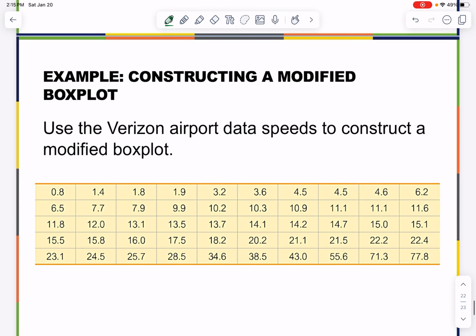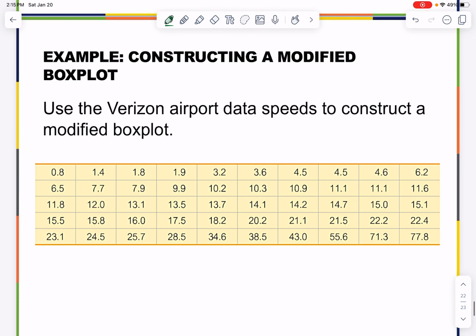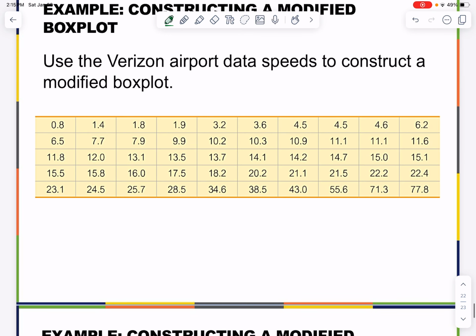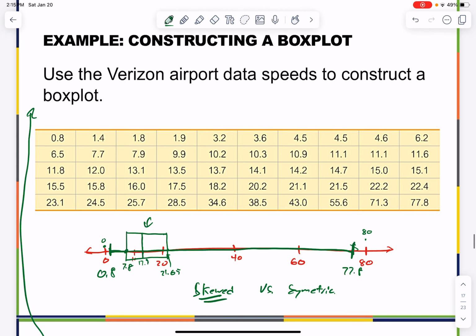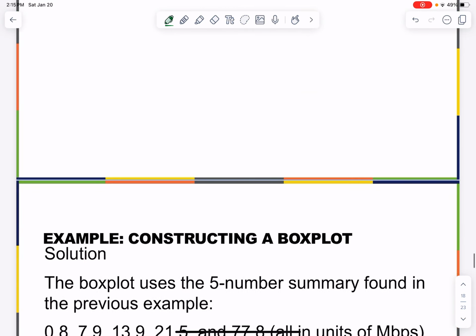Let's identify the outliers from this set. We already found the interquartile range. We already found Q1, which is 7.8, and Q3 is 21.65. Let me just check on that. 7.8, 21.65.